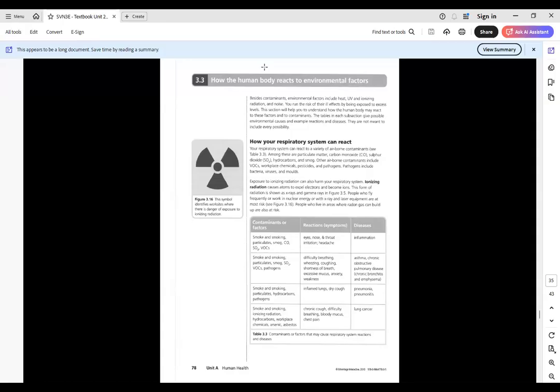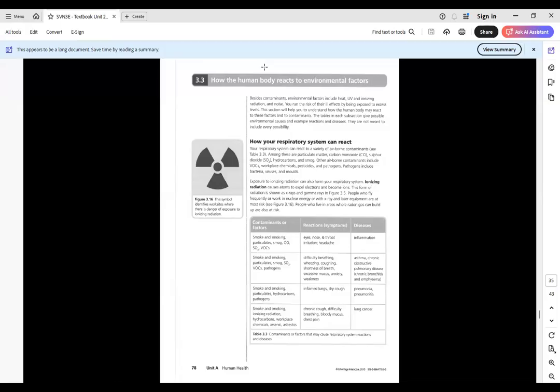CO, which is carbon monoxide, SO2, which is sulfur dioxide, and then like we said, the different other contaminants that could be in there. And the disease from that is not really so much a disease as you get inflammation, I guess, is what they're saying is the disease caused from those. So not so bad. However, if you look at the second stage, now things are getting worse.